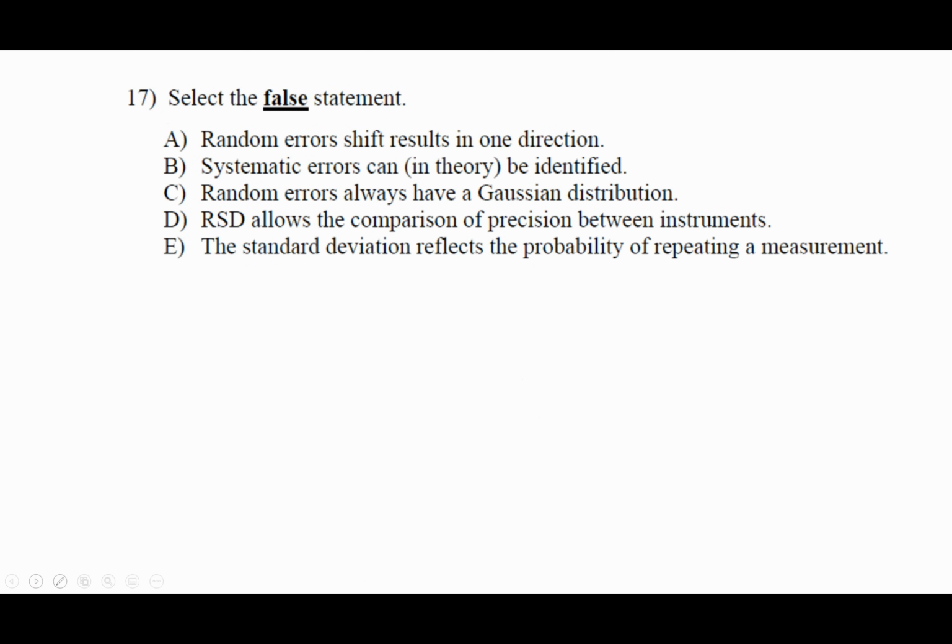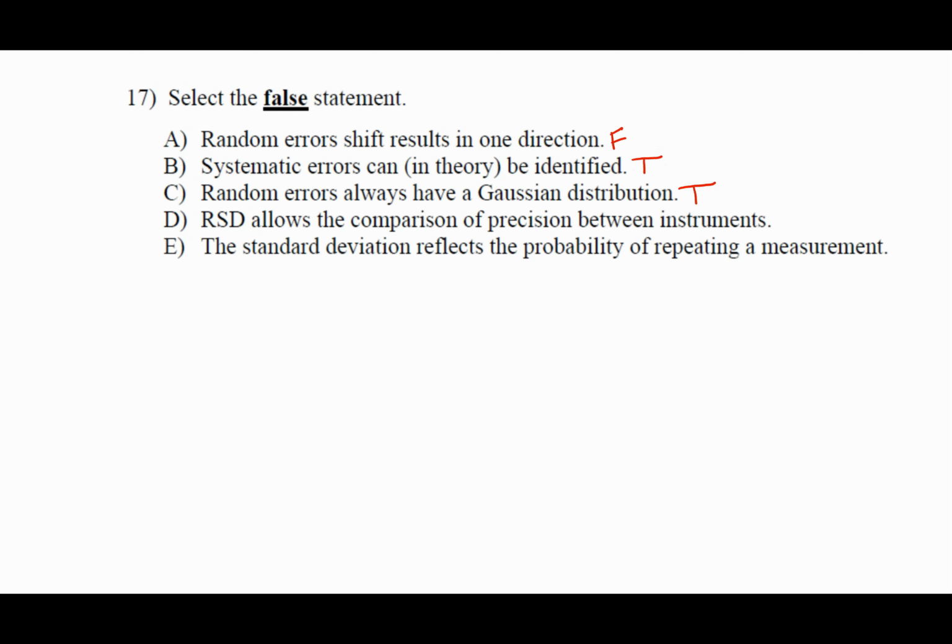Select the false statement. Random errors shift results in one direction. Well, we know that's false because only systematic errors shift in one direction. Random errors shift randomly in both, right? Systematic errors in theory can be identified. True, right? Just like experiment 4 or with a standard, you can see if the measuring tape has been too short. Random errors always have a Gaussian distribution.